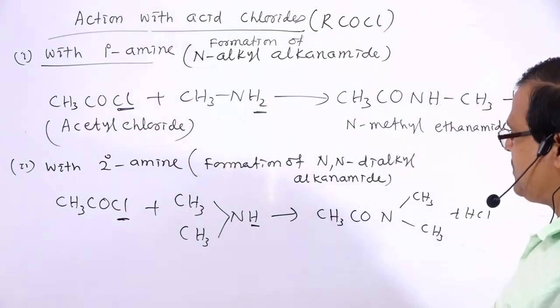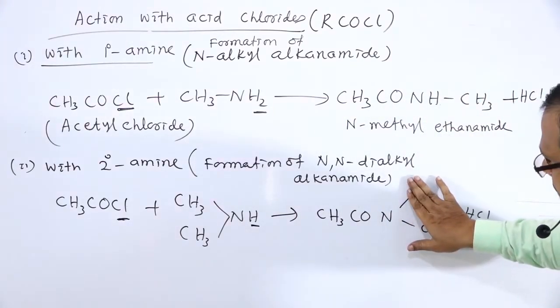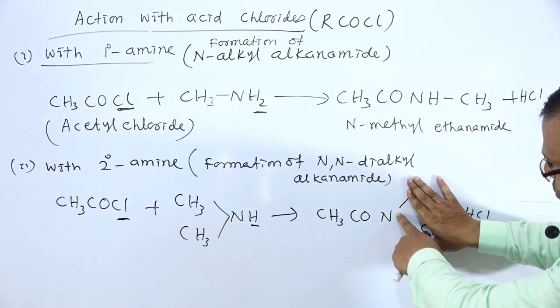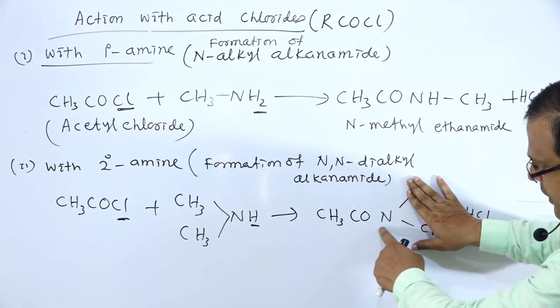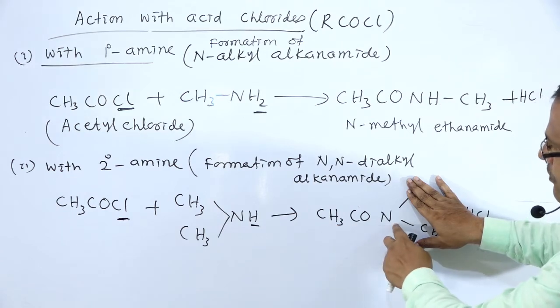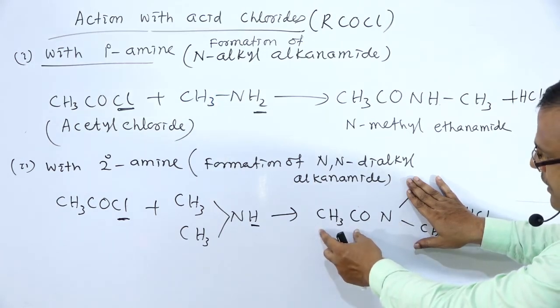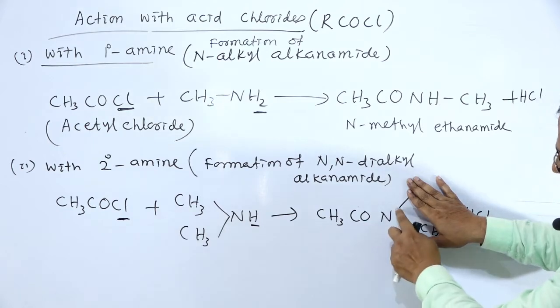Mark it: how do we name this compound? Similar to the previous one, if these two groups are not there, then this will be NH2, CH3CONH2, ethanamide, an alkanamide.